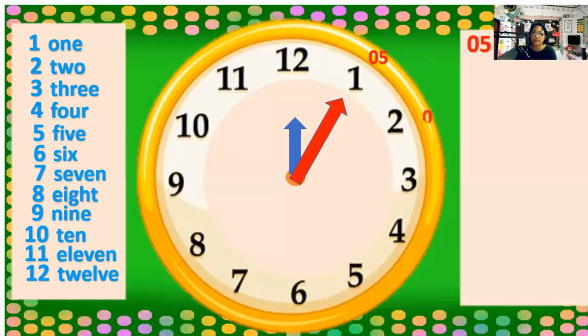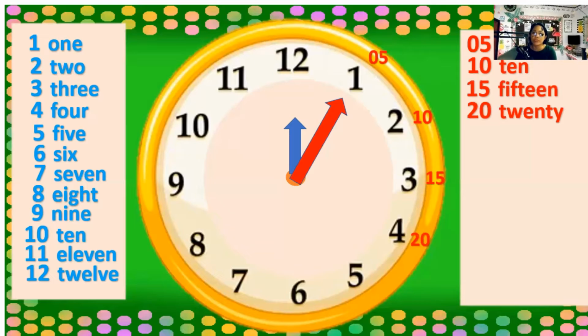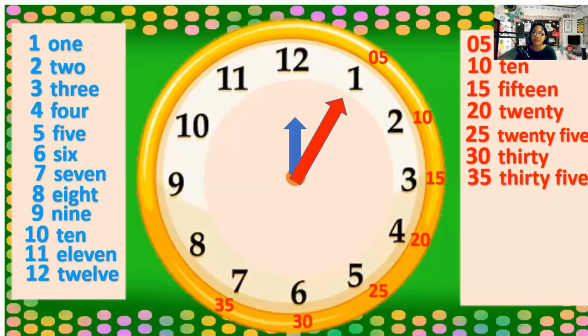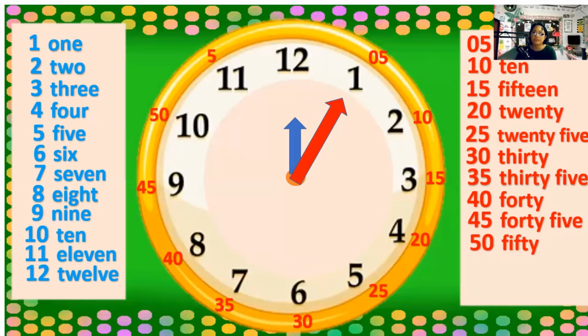Add another 5, 10, 15, 20, 25, 30, 35, 40, 45, 50, 55, and then we go back to the 00 or the o'clock.